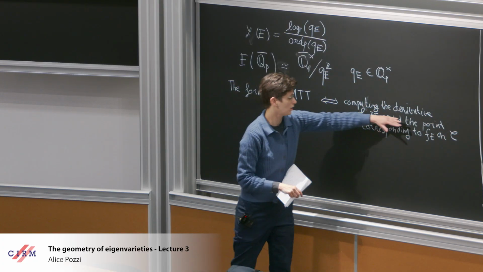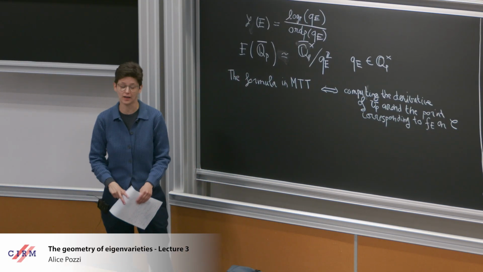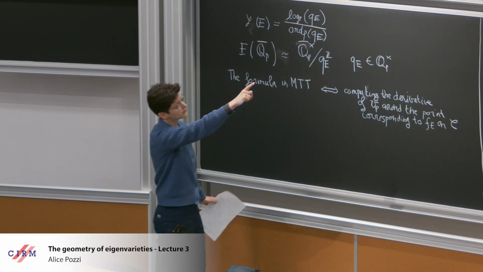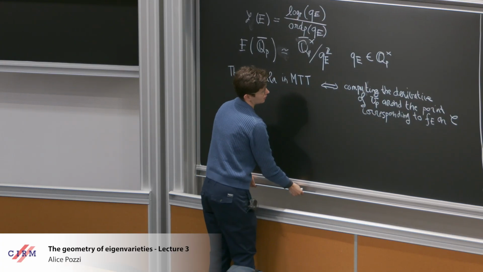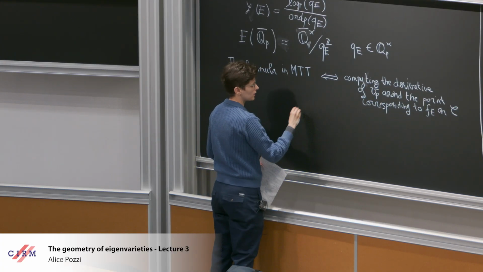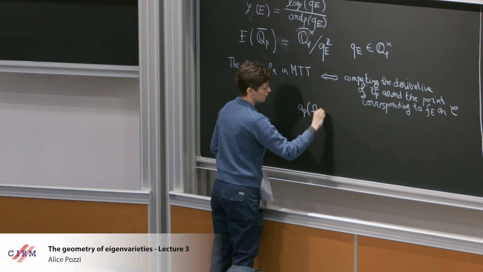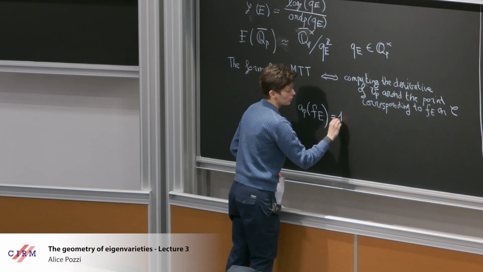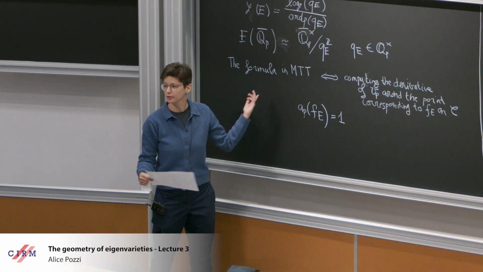So what is the point corresponding to Fe? We are going to look at the system of Hecke eigenvalues of Fe. Because of the assumption that we have a multiplicative reduction, the split multiplicative reduction forces ap of this modular form to be 1. This has p-adic valuation 0.